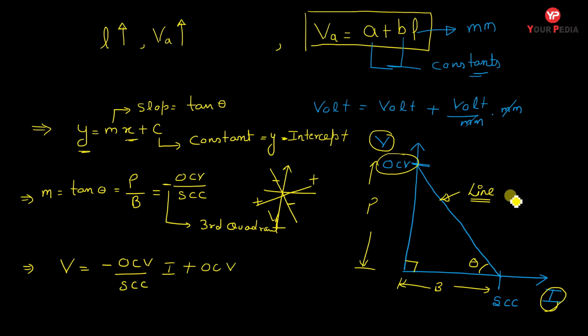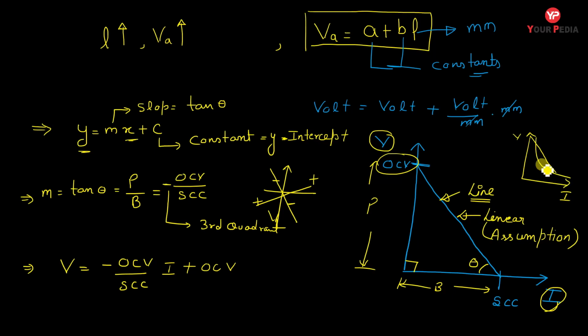Actually, this graph between voltage and current is like this, but for simplification we have assumed a linear graph. So we can write here: this is an assumption, that the graph is linear.